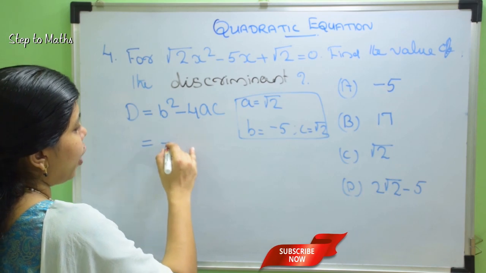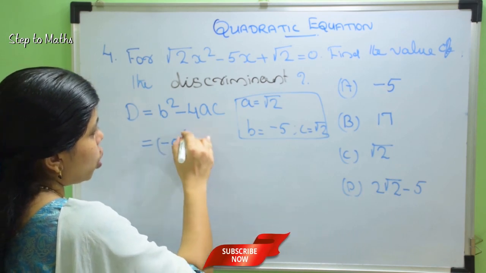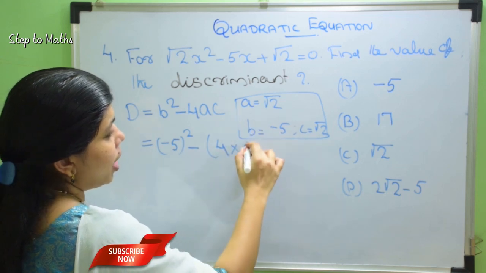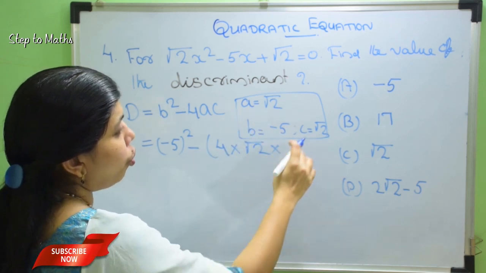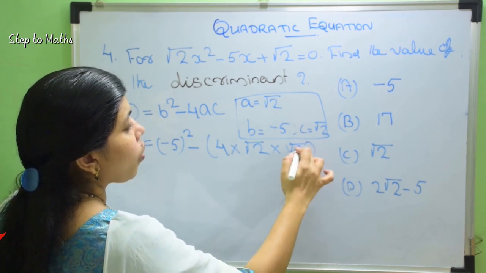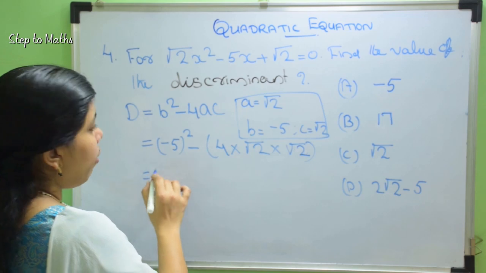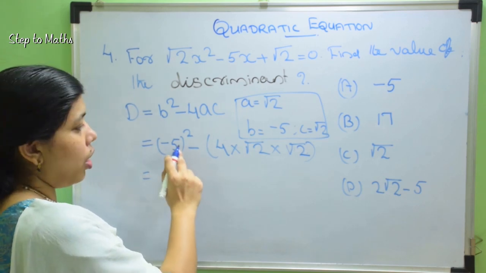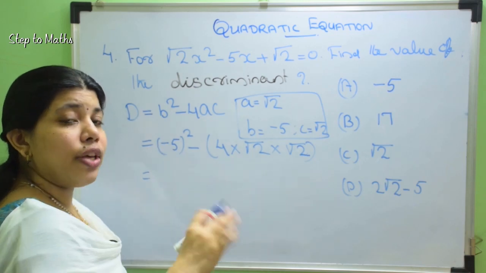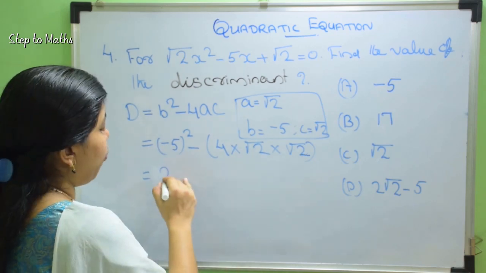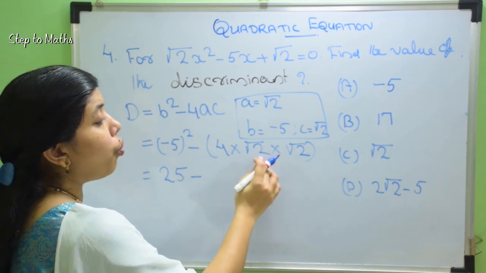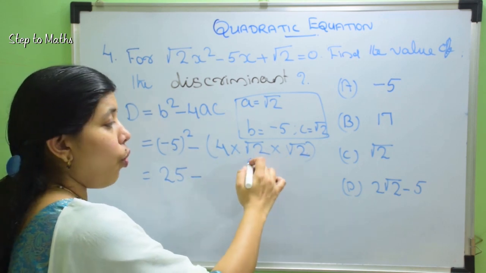Find the value of b square minus 4ac. b is minus 5. Minus 5 square minus 4 into a is root 2 into c is root 2. Minus 5 square is 25. 25 minus 4 into root 2 into root 2.